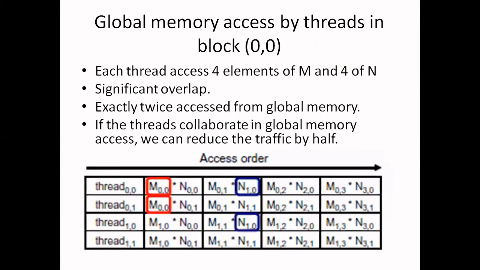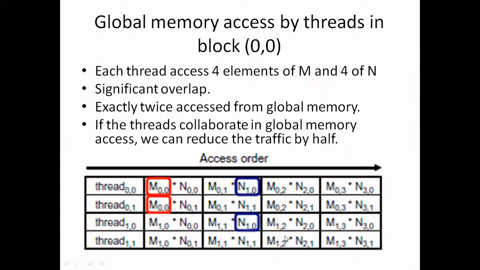Let me show you that there are certain global memory accesses. Thread 00 will need M00 and N00, and similarly some other values from M and N. What we are showing in red or blue is that data M00 was used again. Similarly, N10 was used again, and N00 was used again.